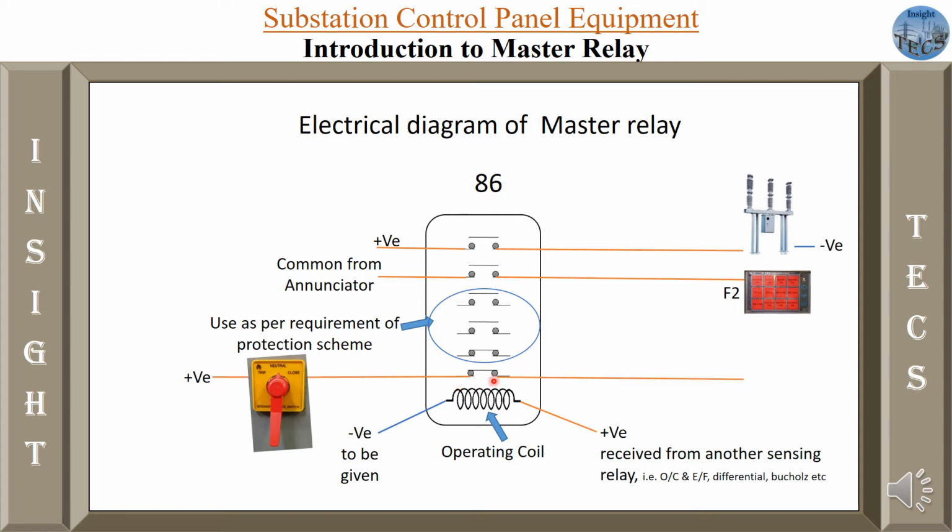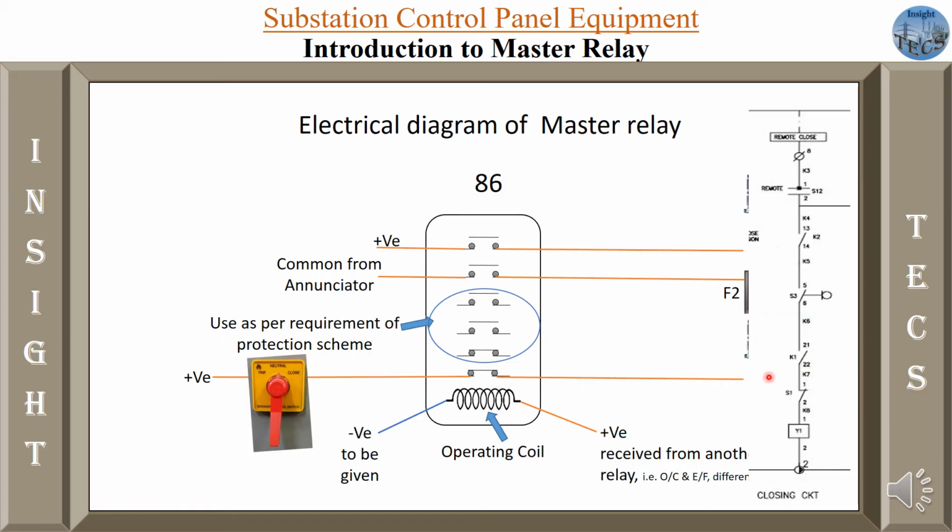This NC contact is used as an interlock for this circuit breaker. What we do is provide the positive to the TNC switch from this close contact of the TNC switch. We will come to this NC contact and give it to the breaker. From over here this contact is connected to the remote close of the closing circuit.